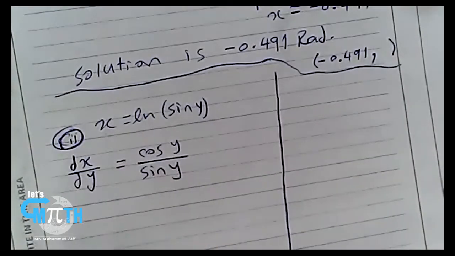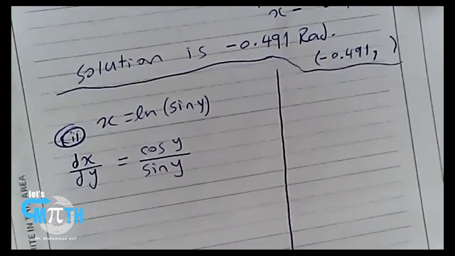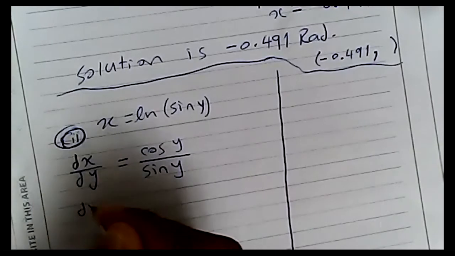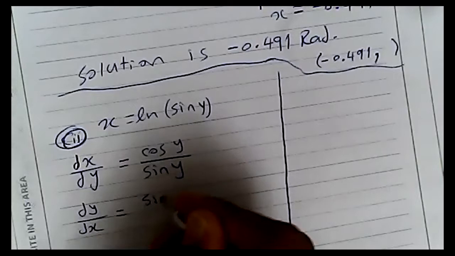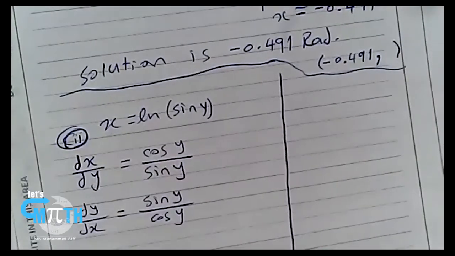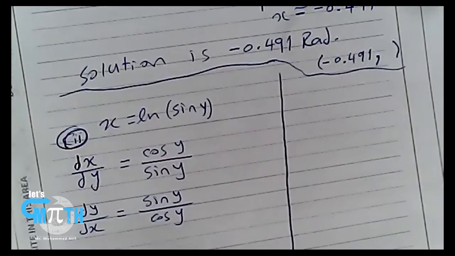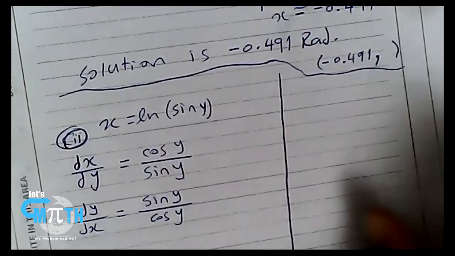Making this as dy dx, so dy dx will be equal to sine y over cosine y. But it's required in terms of x only. It has to be e power x over a function of x.